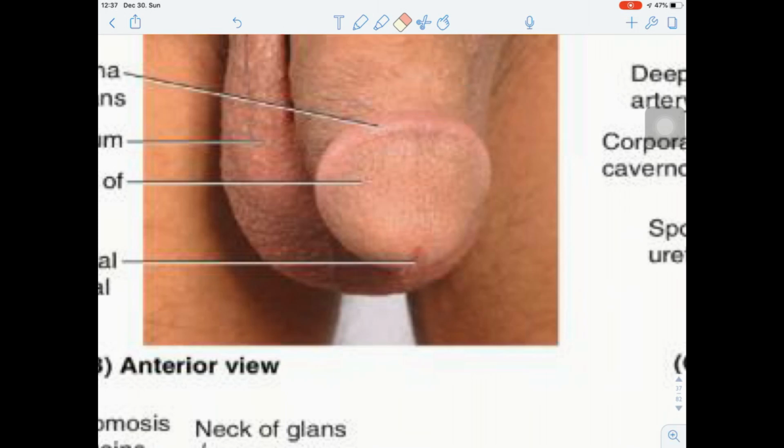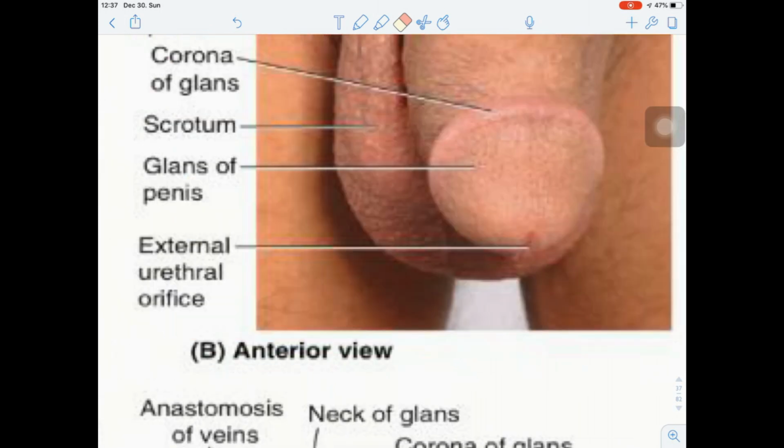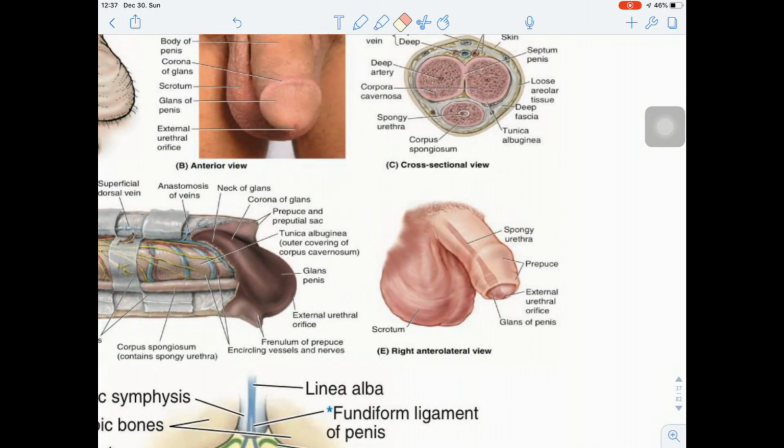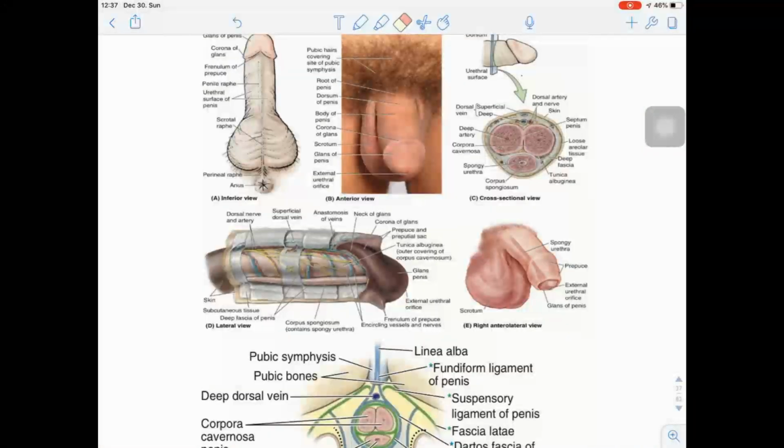Corona is basically the marginal part, where the cavernosum stops. Exactly. And right at the back of the corona of the glans, you have the neck of the glans.